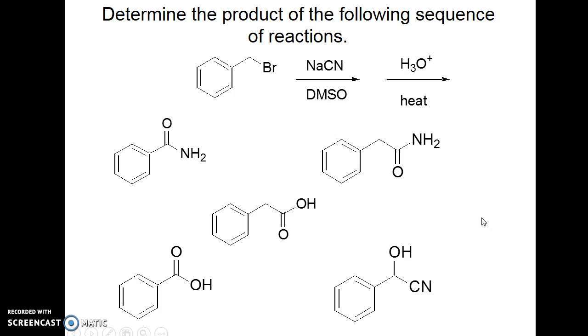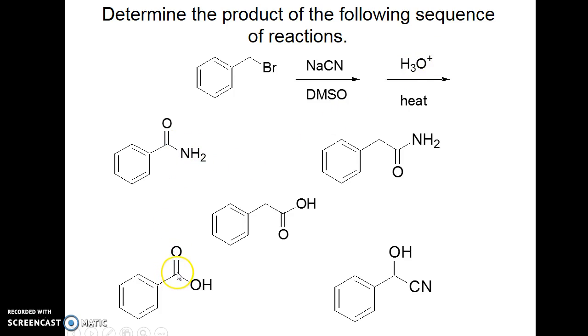What will be the product of the following sequence of reactions? Well, if I go through this, I can see this would make the nitrile. I put the nitrile here, and then I hydrolyze it, and that would give me the carboxylic acid. So if I look at this, this gives me an amide. That's not the correct answer.